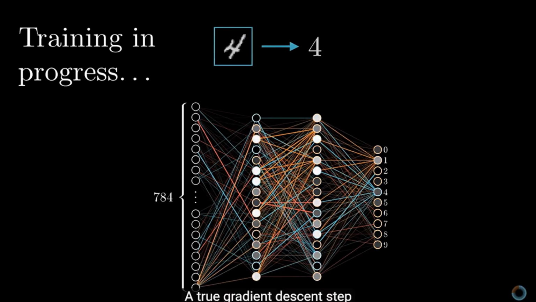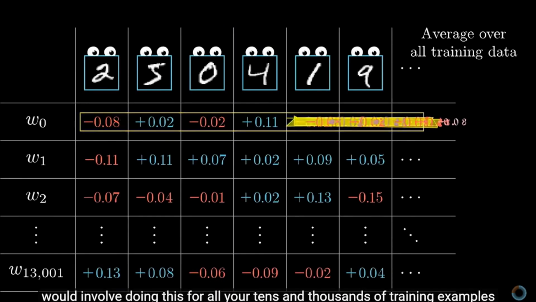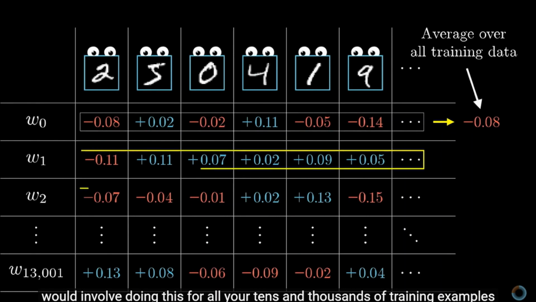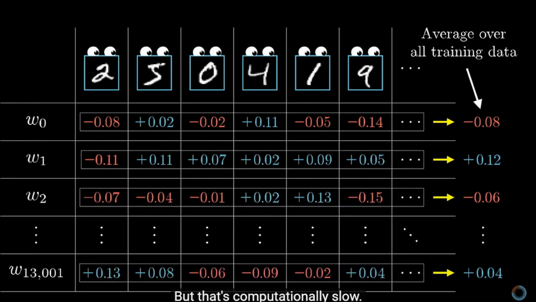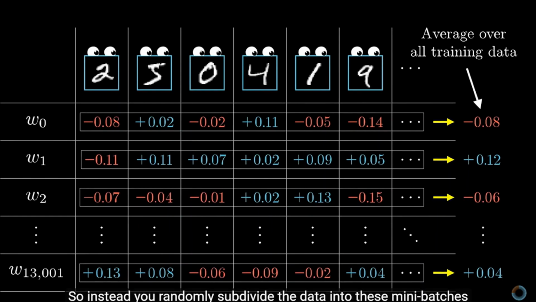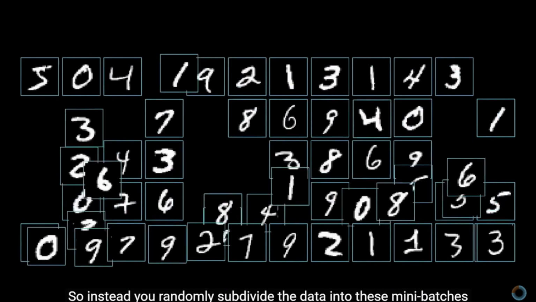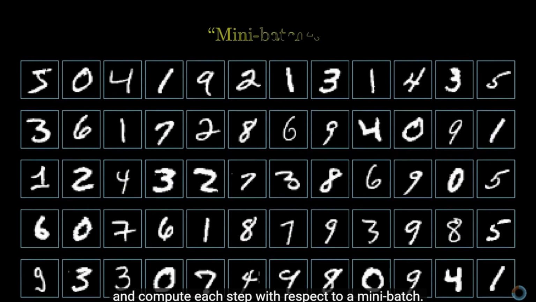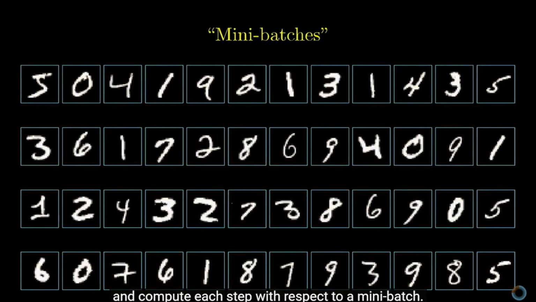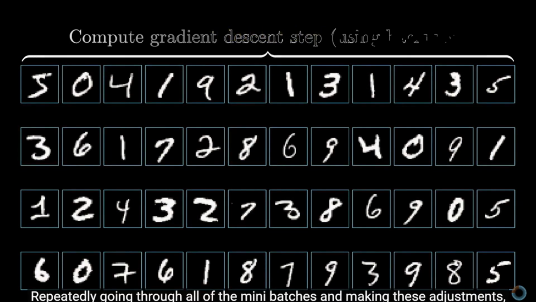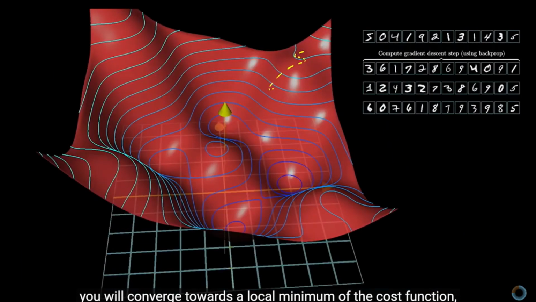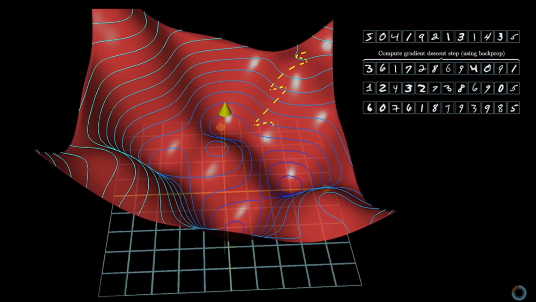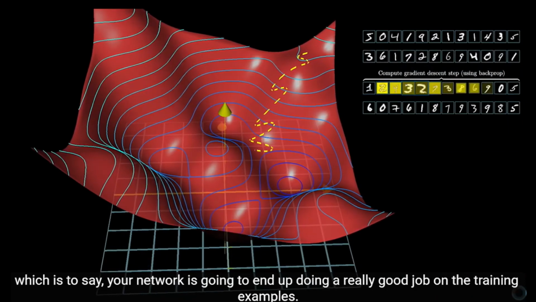A true gradient descent step would involve doing this for all your tens of thousands of training examples and averaging the desired changes that you get. But that's computationally slow. So instead, you randomly subdivide the data into these mini batches and compute each step with respect to a mini batch. Repeatedly going through all of the mini batches and making these adjustments, you will converge towards a local minimum of the cost function, which is to say your network is going to end up doing a really good job on the training examples.